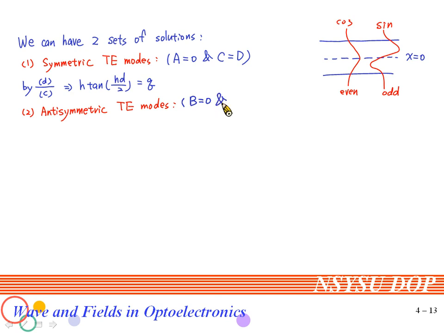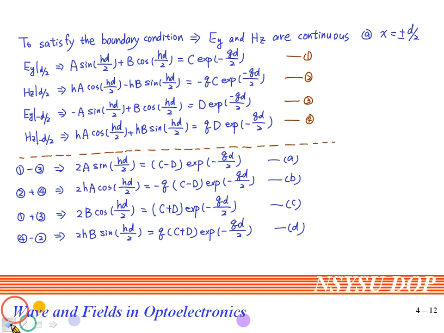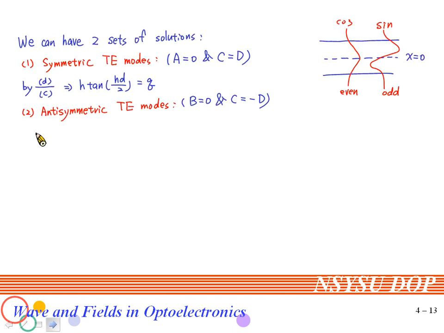And due to it being antisymmetric, C will be minus D. Okay? And in the same way, due to B being 0, we don't consider these two equations. We only consider equation A and equation B. So we divide the equation B by A, then we will have h cotangent hd over 2 is minus q.